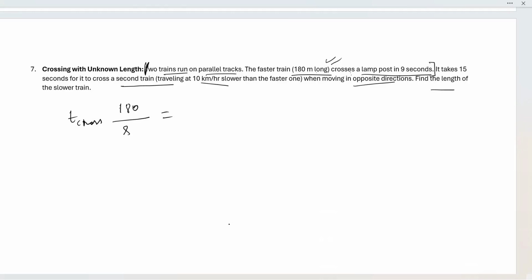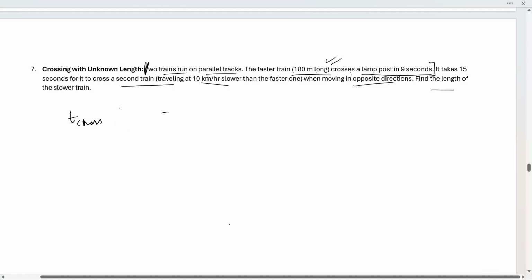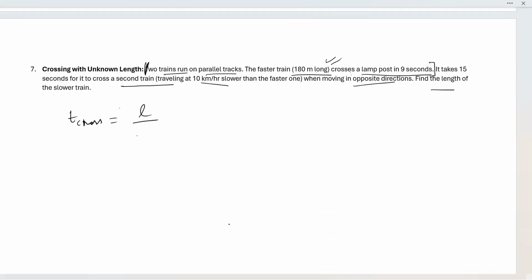We just write the formula so that recall is good. 180 over speed, this time is given to us, this is 9 seconds. So speed comes out to be 20 meter per second, of the faster train.